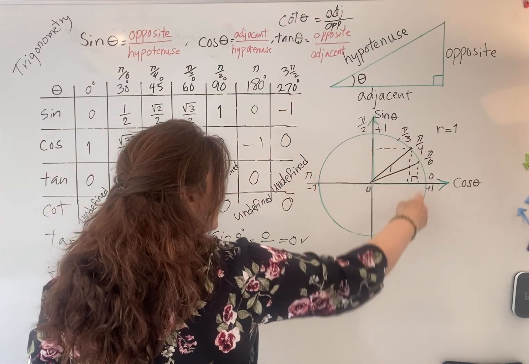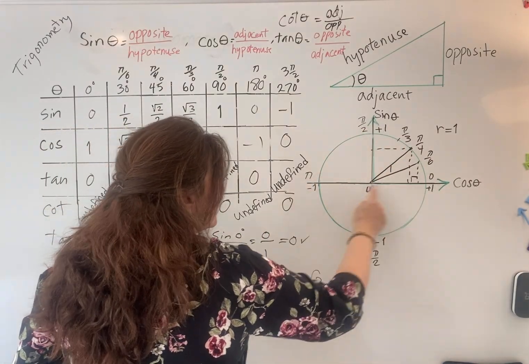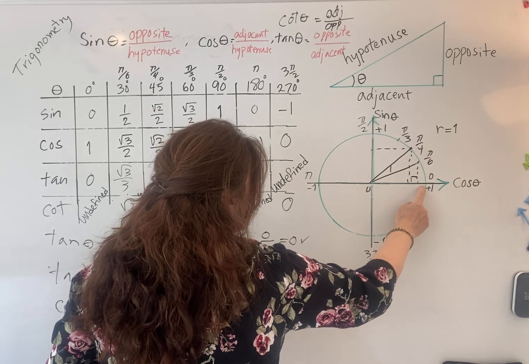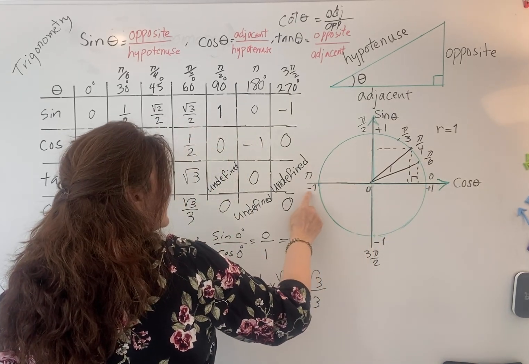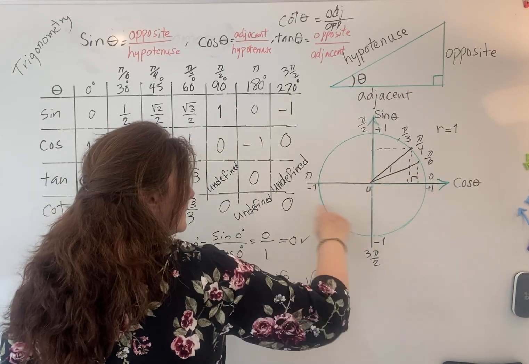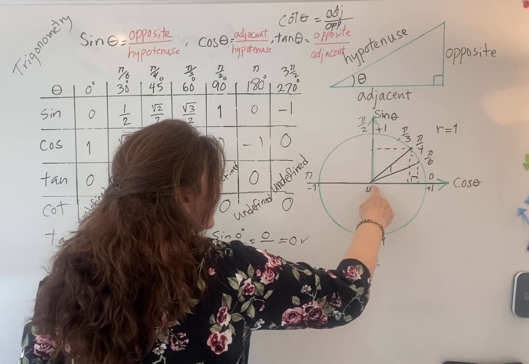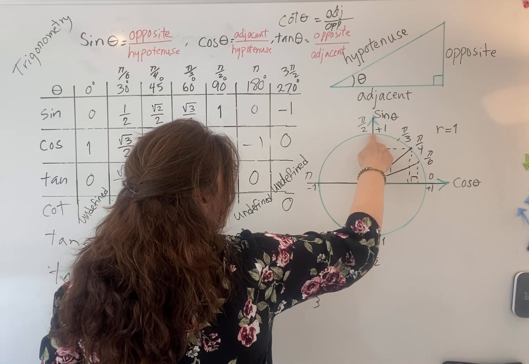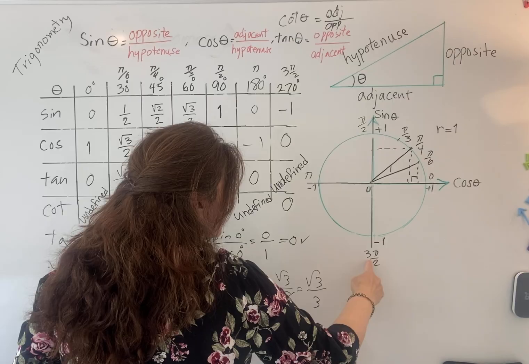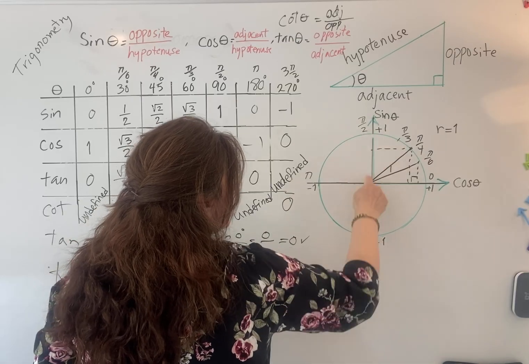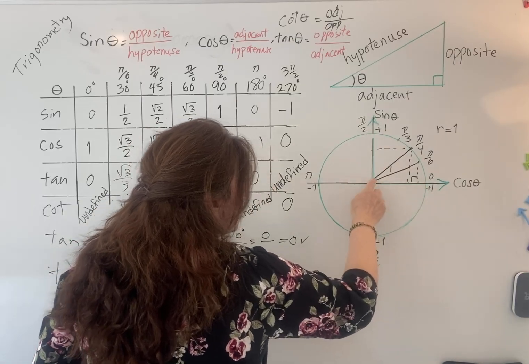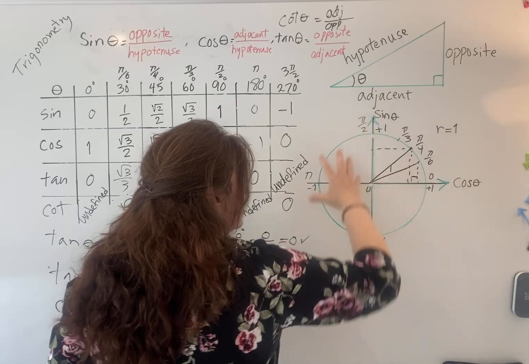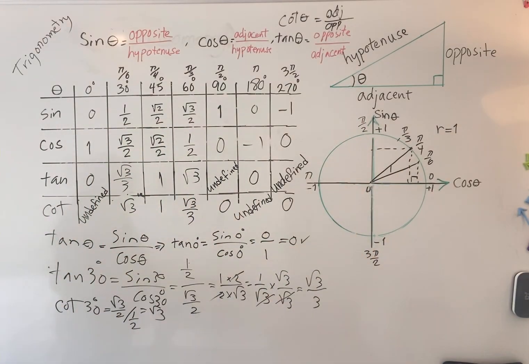If you have a unit circle, you can see that cosine of 0 is 1, cosine of pi is -1. You see that. This is the coordinate system. Sine of 90 is +1, sine of 0 degrees is 0. You can see many things on this one.